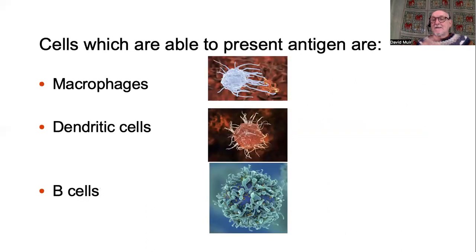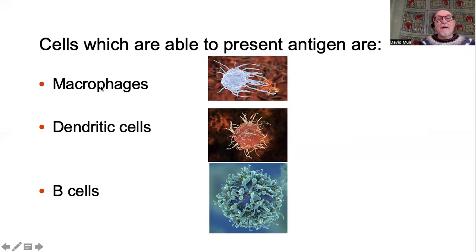So the cells which are able to produce MHC class 2 and expose things that they have ingested and digested, there are these three which are particularly important. They are the macrophages, the dendritic cells, and as we'll hear later, the B cells, the B lymphocytes.